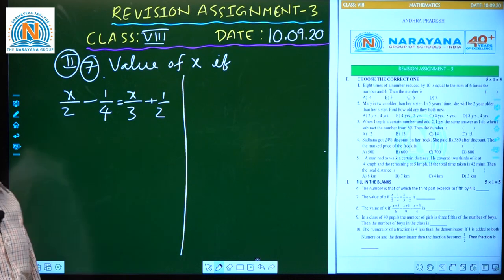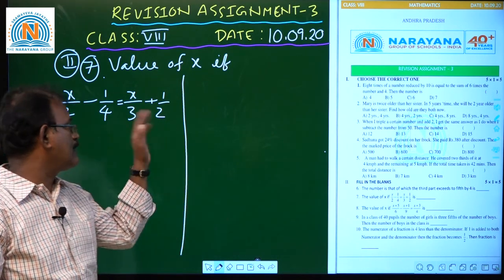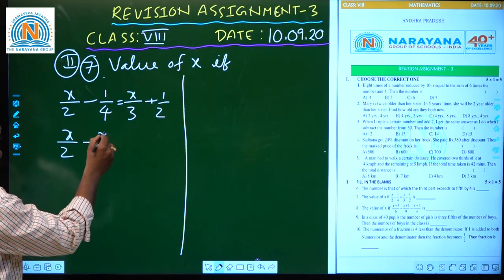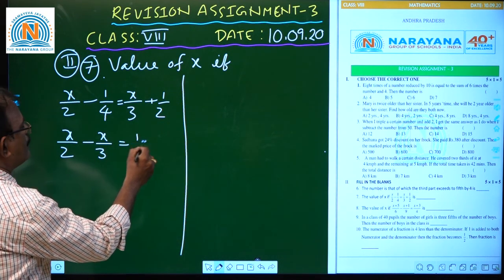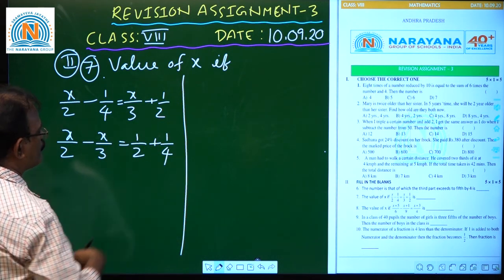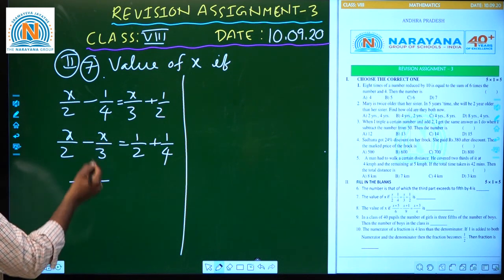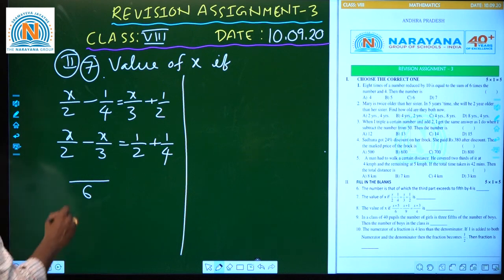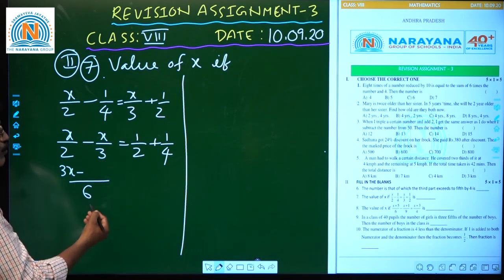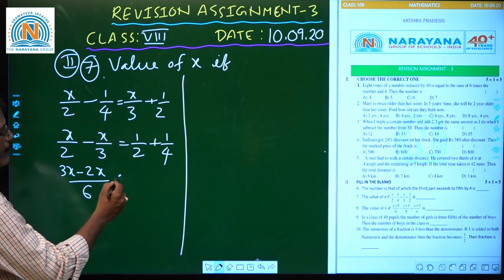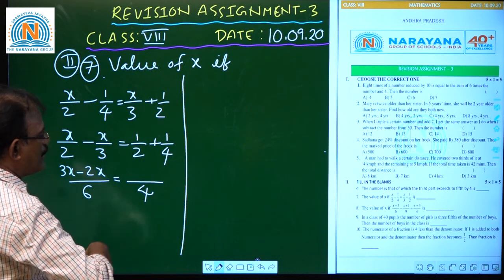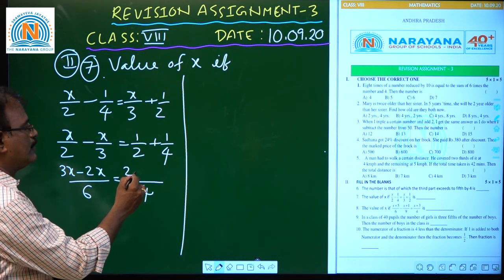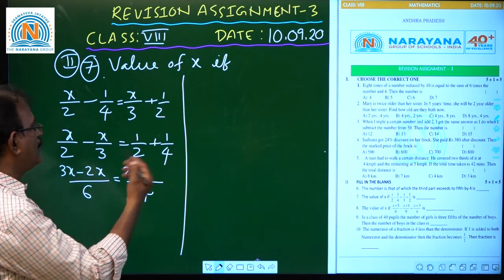So transpose the variable terms and the literal, meaning numerical, terms to one side of the equality sign. That means x by 2 minus x by 3 is equal to 1 by 2 plus 1 by 4. Calculate the LCM of denominators for LHS, 6: 3 times the numerator, 2 times the numerator. And the LCM of denominators for RHS: 4 cancels 2 times, 2 times of 1, and 4 cancelling 4 one time, 1 times of 1.